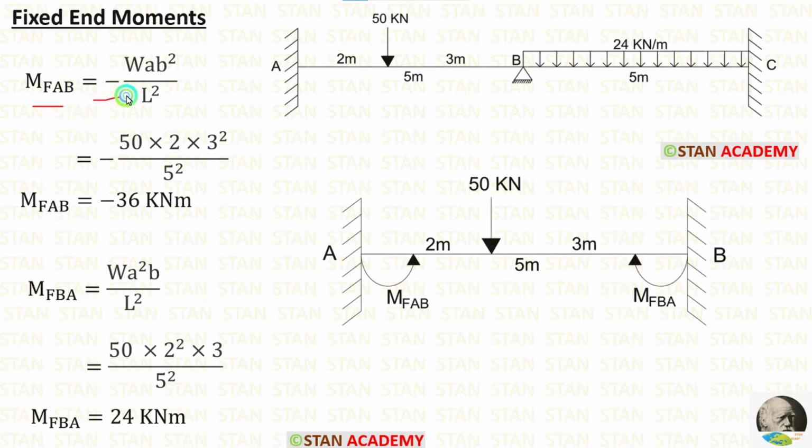M of AB will be negative because it is acting in the anticlockwise direction. M of BA will be positive because it is acting in the clockwise direction.